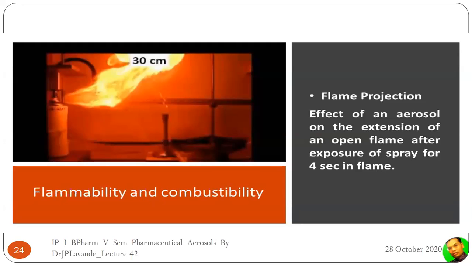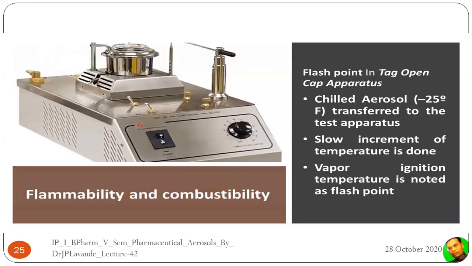For how much duration the flame is going to be carried. Here you can see it is just for 30 centimeters, right? So we have to go for spraying, and this is generally in case of continuous spray systems, and the spray has to be kept actuated for a duration of 4 seconds.